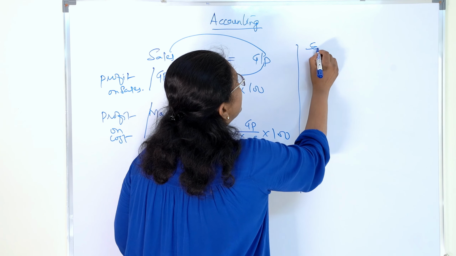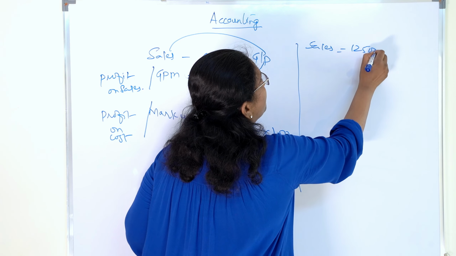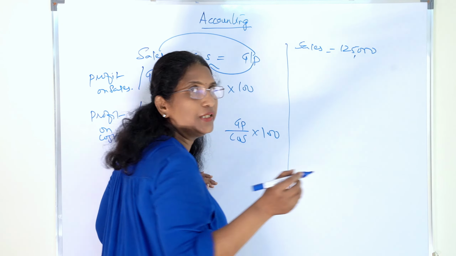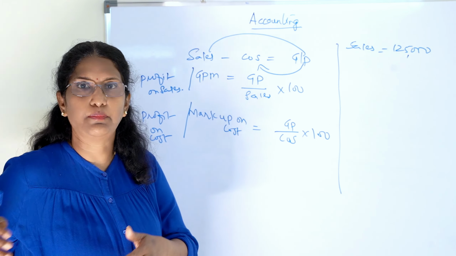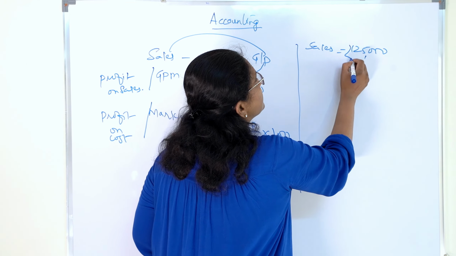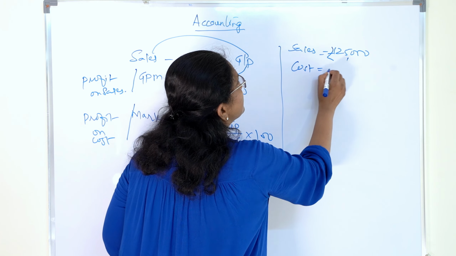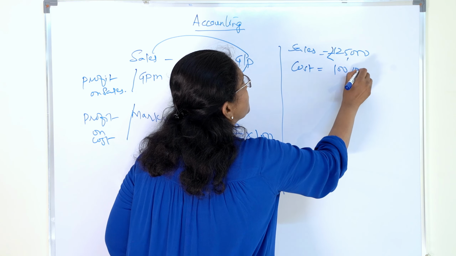Now, we will take an example and try to understand this. If sales is given as 125,000, I have taken this amount. I will explain to you in units as well in the coming part. But here I am taking sales as 125,000 and cost is, for example, 100,000.